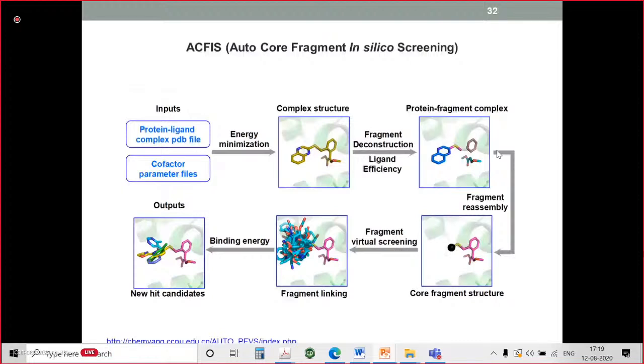This is being chopped down into the smaller fragments, all possible smaller fragments. Then those fragments are reassembled to find out other novel molecules. So those may have similarities with the initial fragment or may have some diversity.